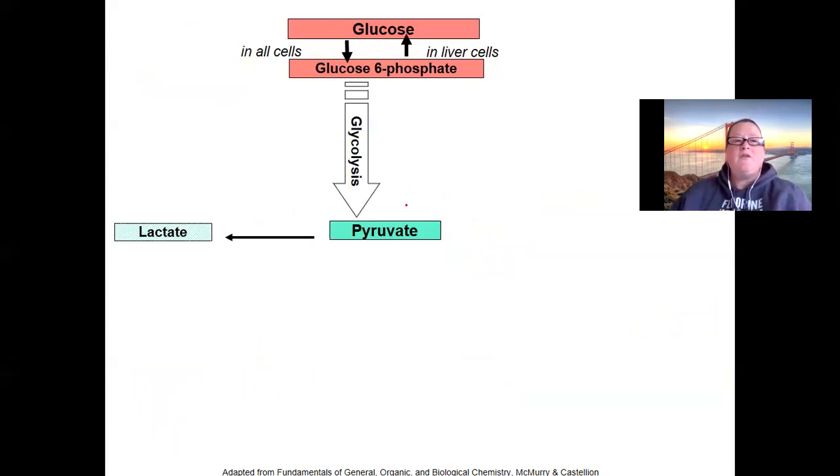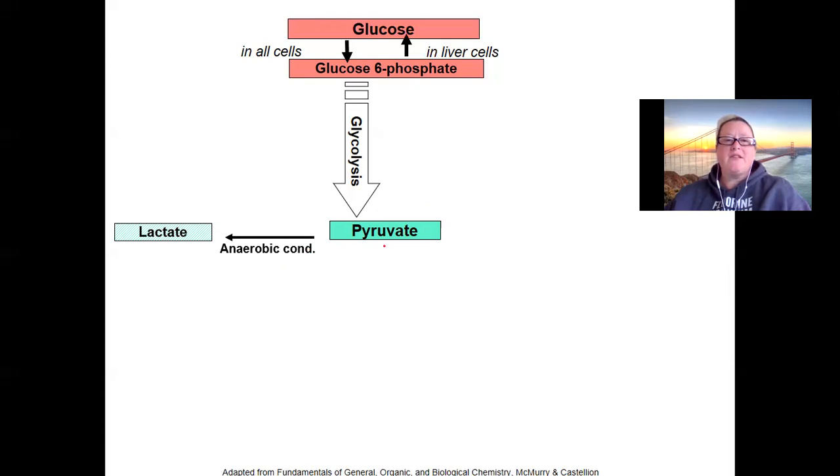All right, now there is another situation in which, let's say for some reason, we don't have enough oxygen to turn the pyruvate into acetyl-CoA. It could be that you are working really hard and your muscles are using up the oxygen, or maybe the air exchange system in your lungs is not effectively taking in enough oxygen or releasing enough carbon dioxide.